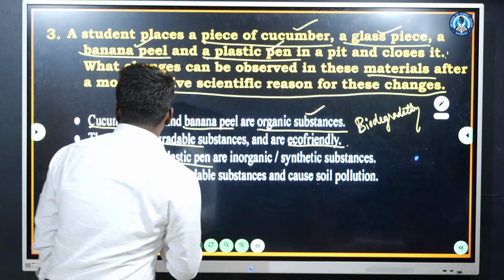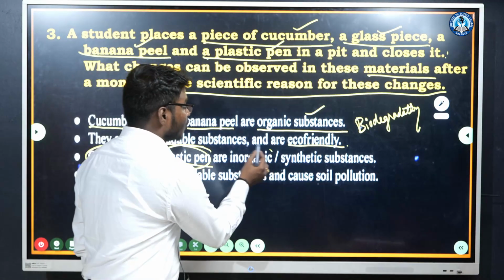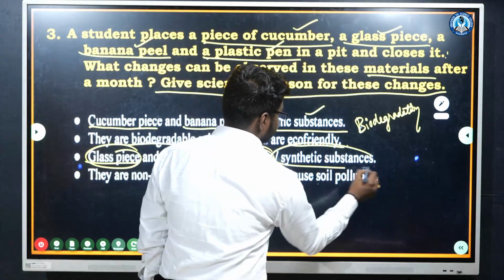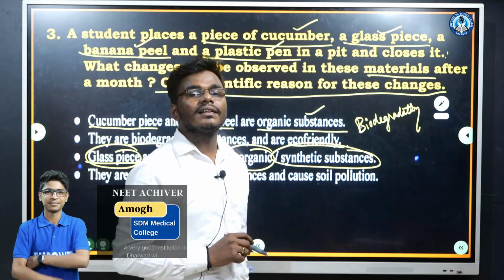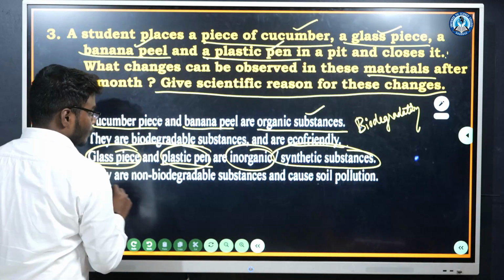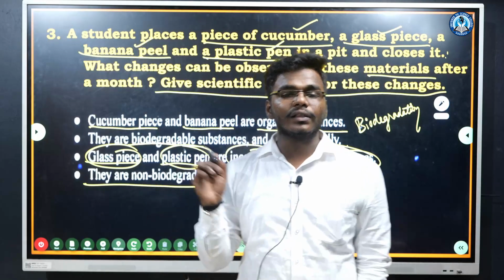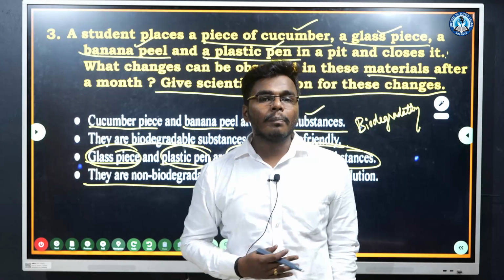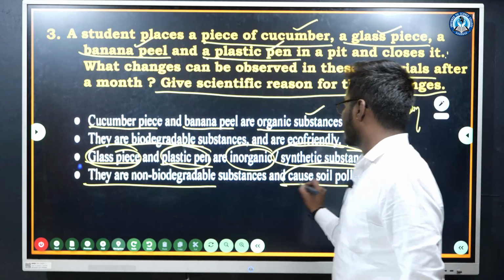On the other hand, the glass piece and the plastic pen are inorganic or synthetic. They are non-biodegradable. So they remain in the soil for a very long period of time and bring soil pollution.